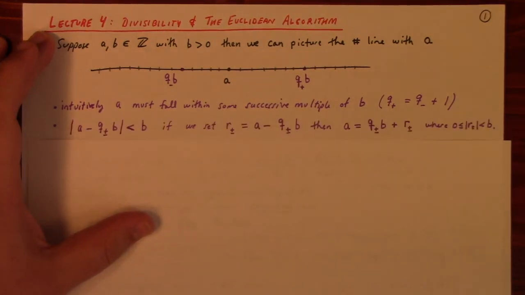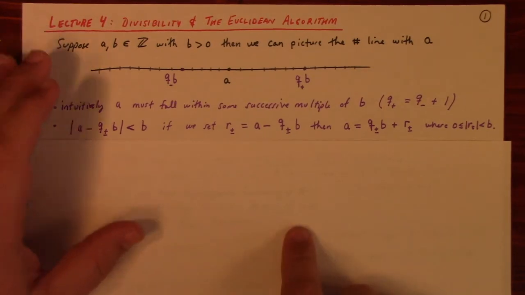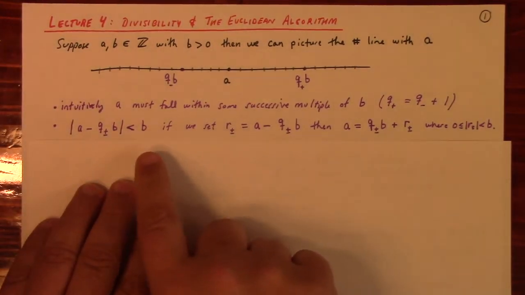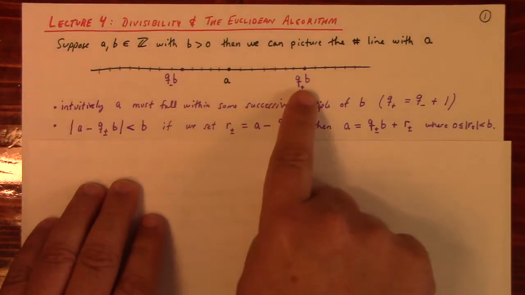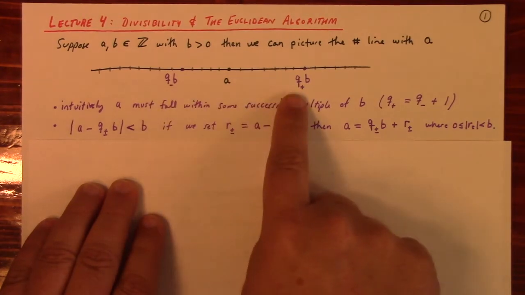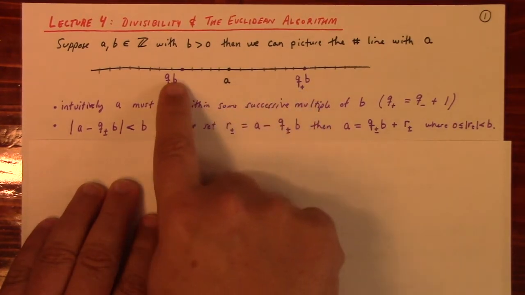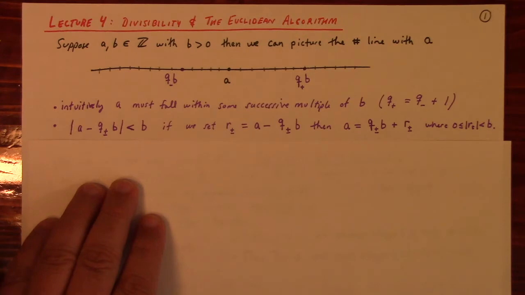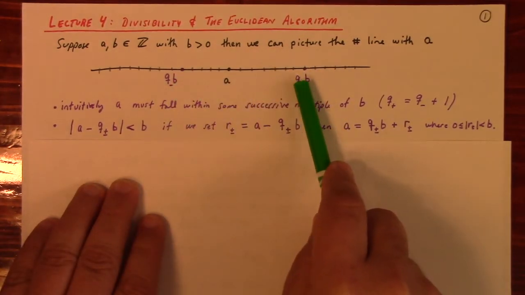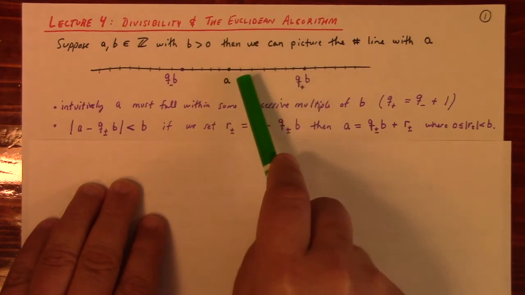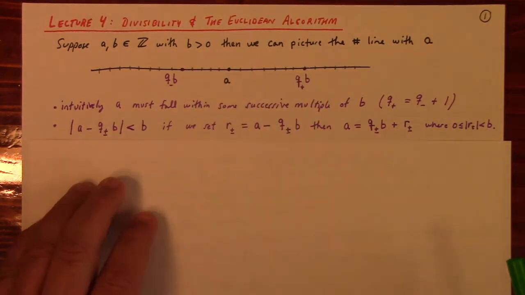And more than that, we can see that the distance between a and these multiples has to be less than b, because since these are successive values of q, the distance from here to here is b. So if the distance from here to here is b, then surely a isn't more than b units from either of the endpoints, all right?